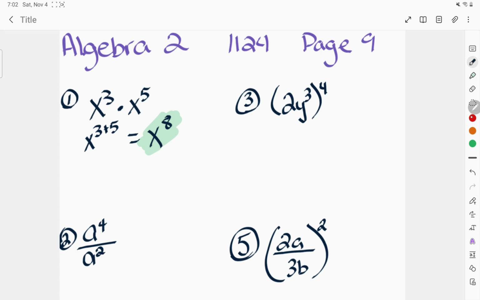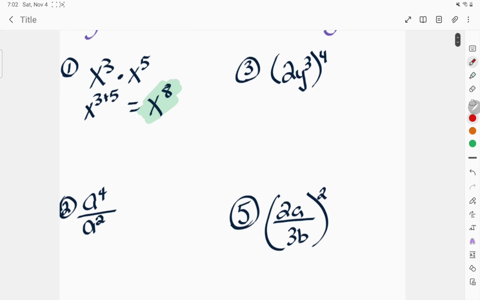Then number 2 is a division. Since in multiplication you're adding, in division you're going to subtract. Things to notice in your division are your exponents and which one is the larger exponent. In this case, my larger is in the numerator, so therefore my answer is going to be in the numerator.